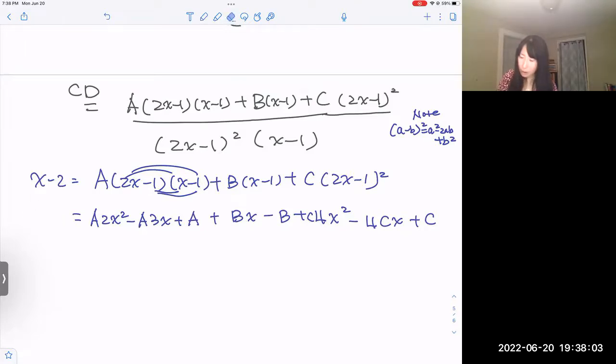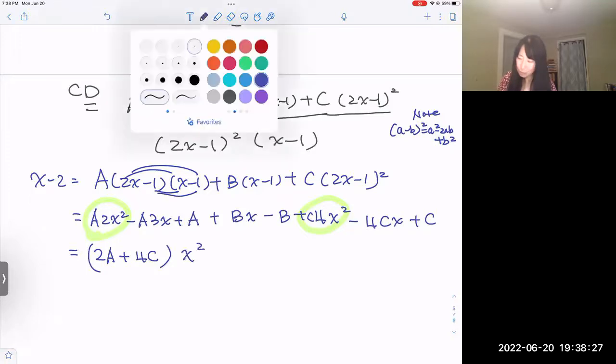All right, then let us combine like terms. Looking at x squared, we have 2a plus 4c times x squared.